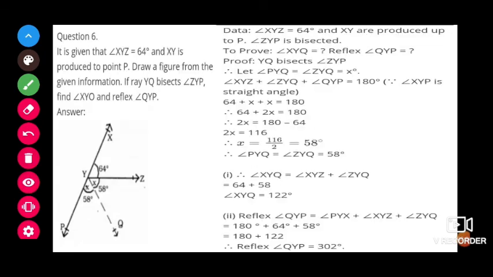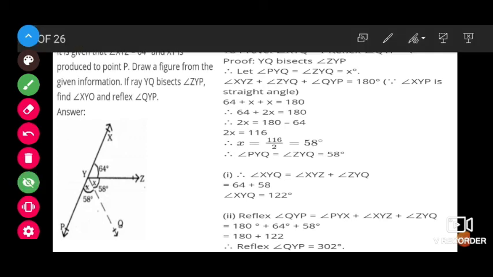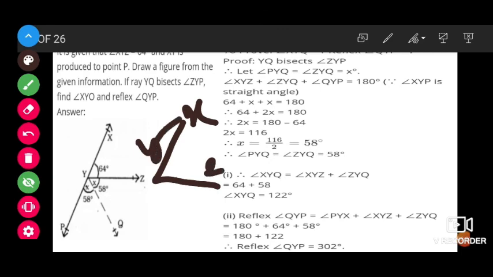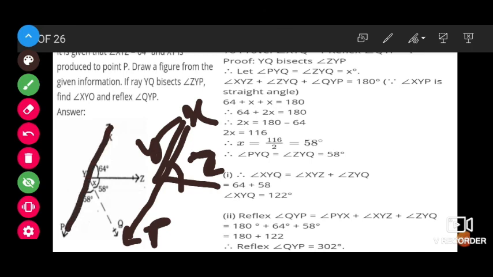question number 6. It is given that angle XYZ is 64 degrees. So one of the angles they gave, XYZ, is 64 degrees. Then XY is continued till P, so we will get this straight line.